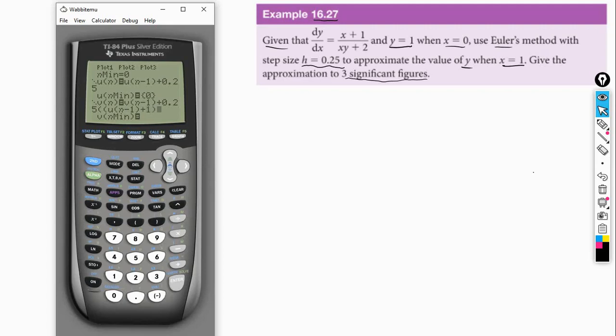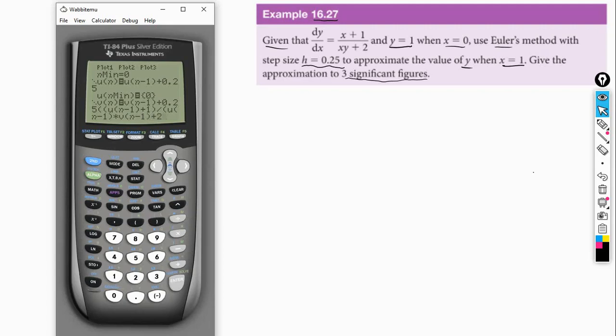We close the parenthesis for what's on the numerator, divided by parenthesis, and this is x times y. So the previous value for x, which again is u of n minus 1, times y, so times v of n minus 1, plus 2.